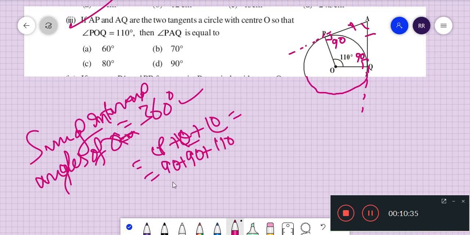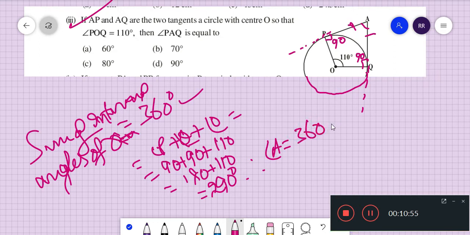Okay children, the total becomes 180 plus 110, that is equal to 290. Then what is the other angle? Angle A. Therefore angle A is equal to 360 minus 290.